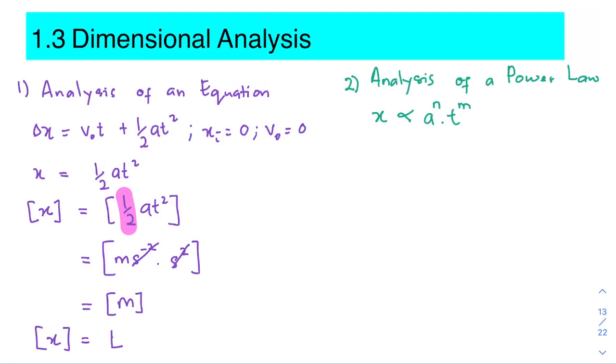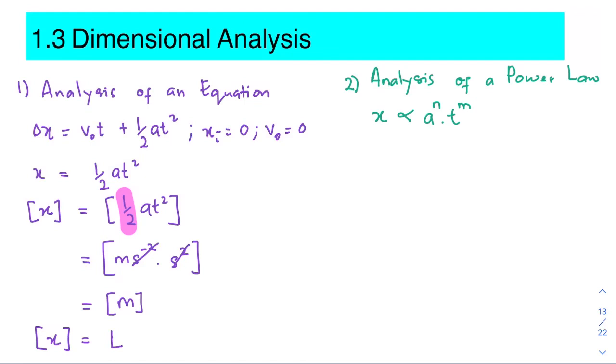This relationship is correct only if the dimensions of both sides are the same. Because the dimension of the left side, x, is length, the dimension of the right side must also be length. That is the idea.